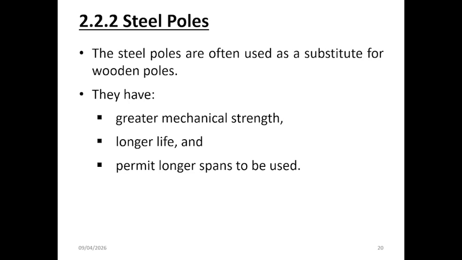Additionally, steel poles have a longer service life compared to wooden poles, reducing the need for frequent replacement and maintenance. Another important advantage is their ability to support longer spans between poles, which can reduce the total number of poles required in a network. Overall, steel poles provide a more durable and efficient solution for modern electrical infrastructure.